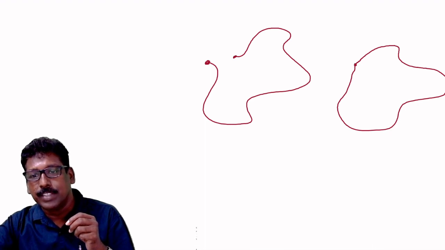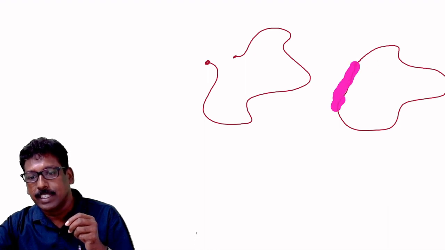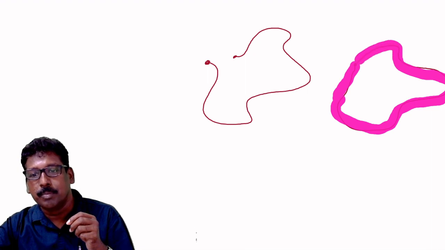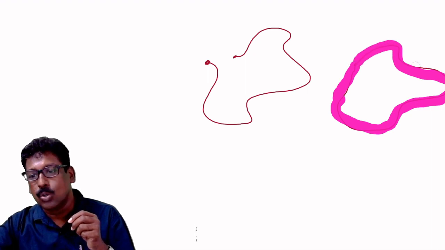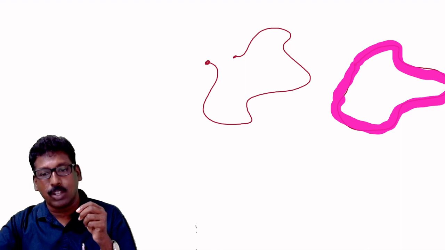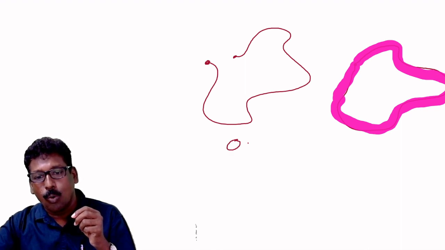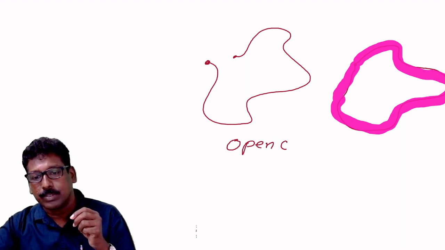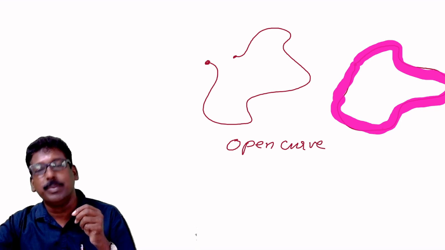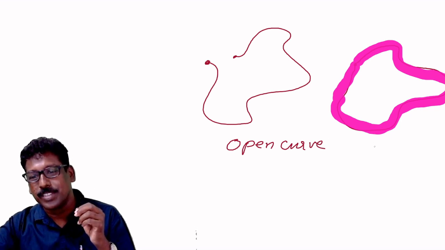But here we started from here and it reaches the same point. So the first case we can call an open curve. Then what will be the second one? Yes, of course, it is a closed curve.